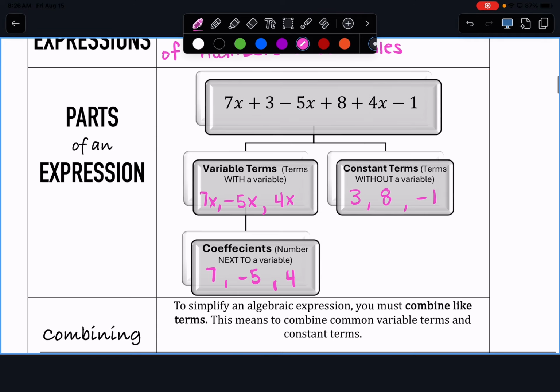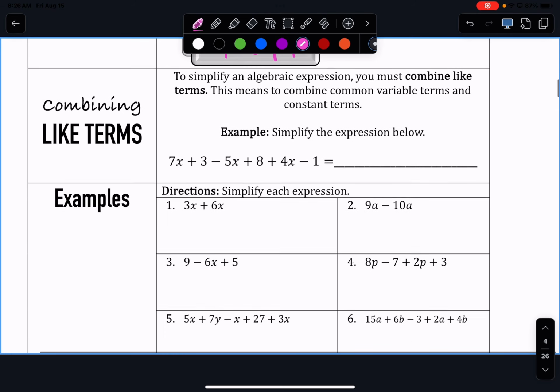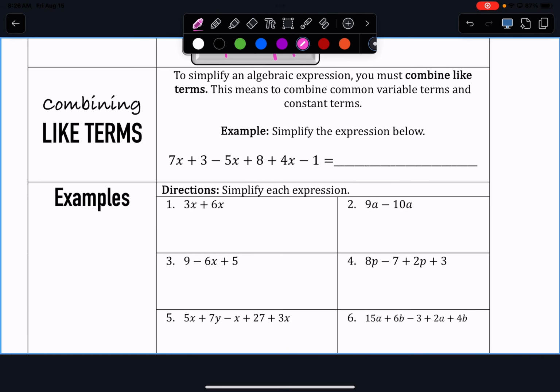There we go. Now, we are going to look at combining like terms. Okay? So in order for us to simplify an expression, we have to combine like terms. That just means we are going to combine terms with the same variable and constant terms. So we're going to simplify that expression we've already looked at.